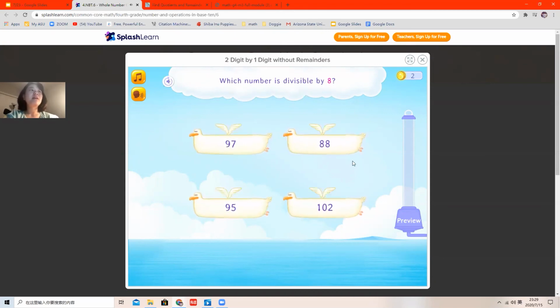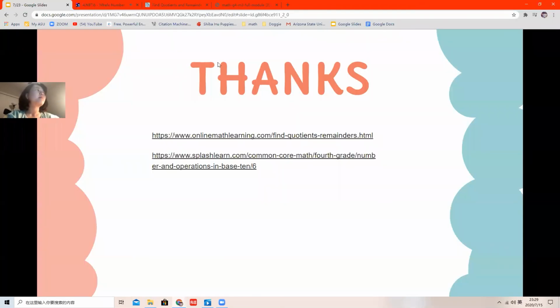So you have to think, is 97 divisible by 8, then you have to calculate by yourself. And is 88 divisible by 8? And yes, because 8 times 11, that is 88. Then if you click the answer you think is correct, it will directly tell you which one is correct. And it gives you more answers and more questions.